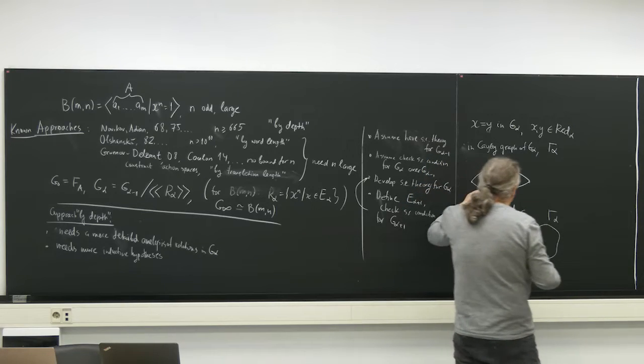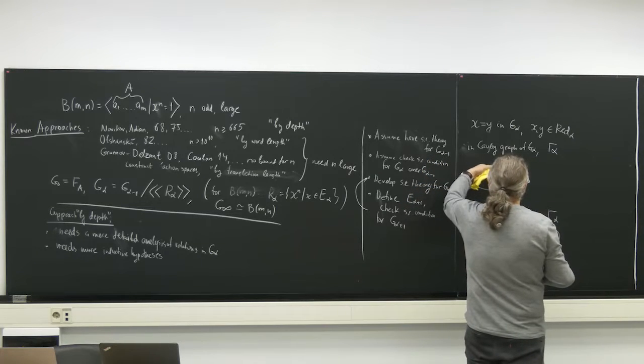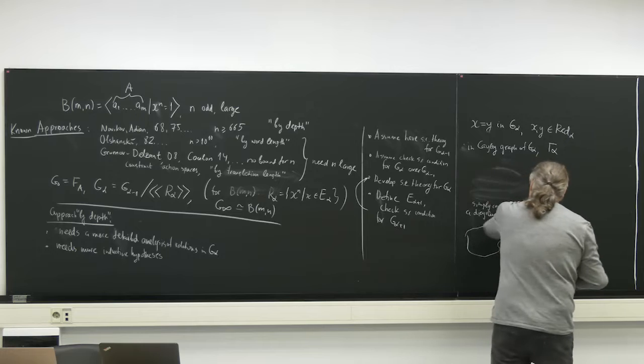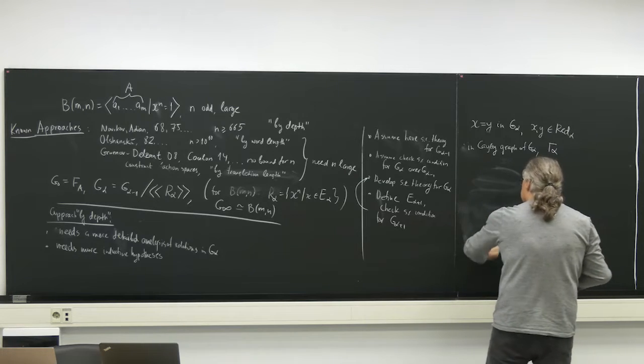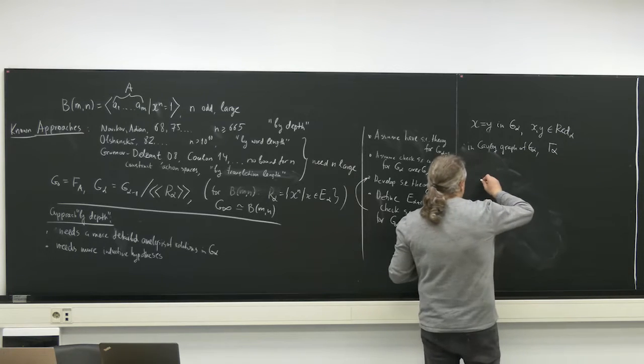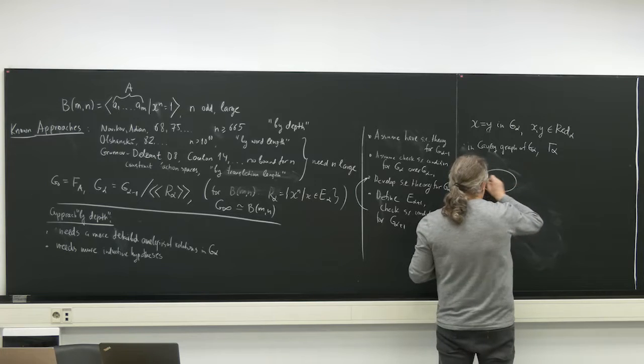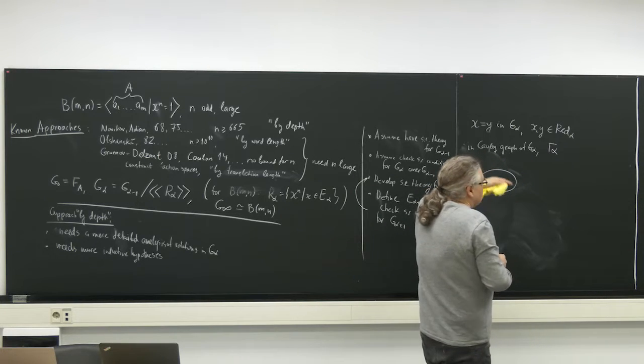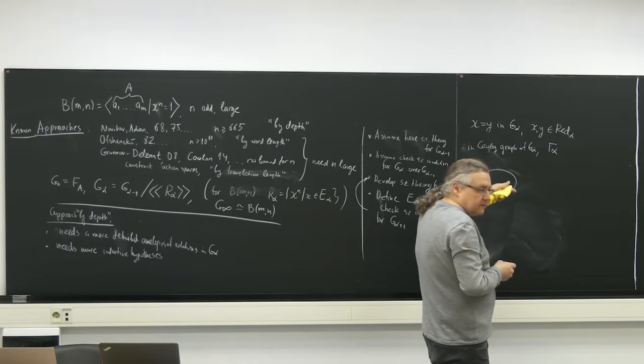And if you map this diagram to the Cayley graph, we get a picture like this. Let me draw this picture in a slightly different way. So the cells of a diagram correspond to loops in the Cayley graph.